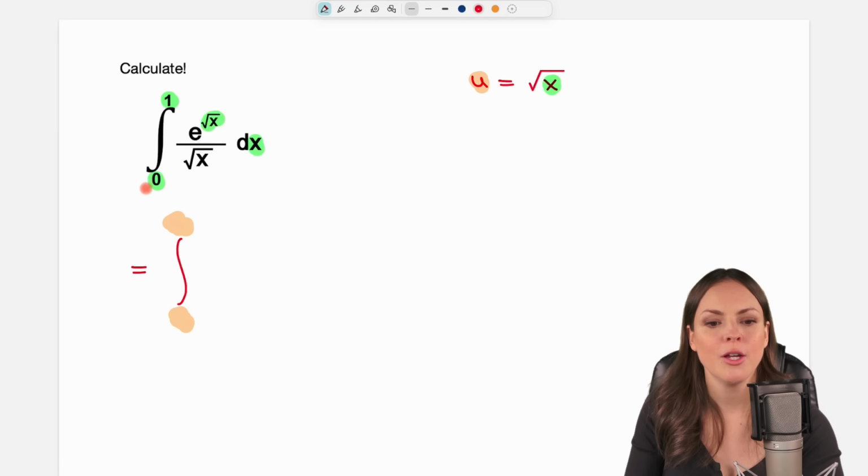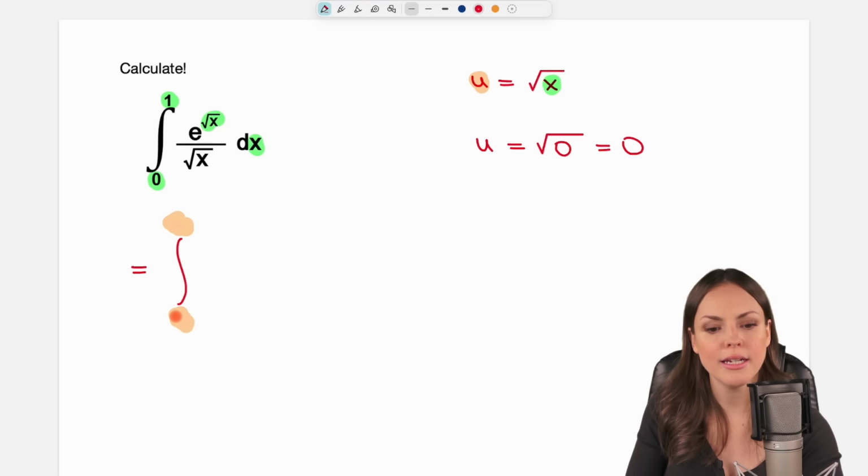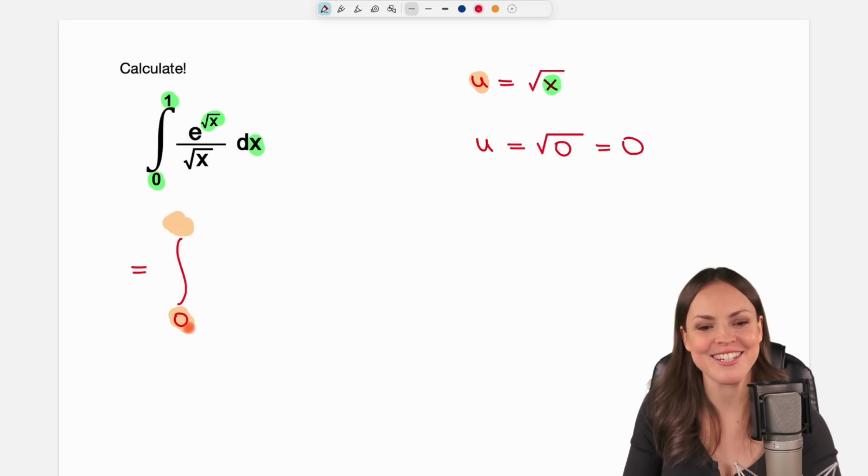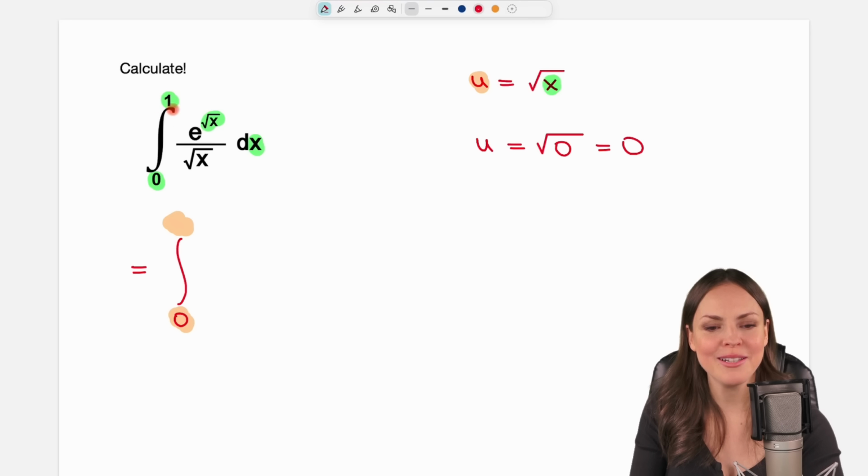We just take the old limit, let's start with 0, insert it for our x, and find our new u limit. So we have the square root of 0, which is just equal to 0. Well, new, it didn't really change. Usually it changes, but this time it just didn't.